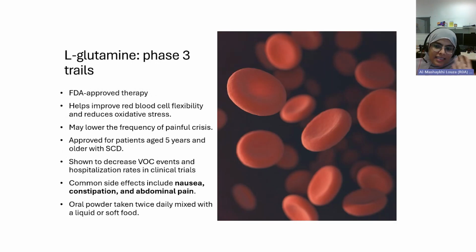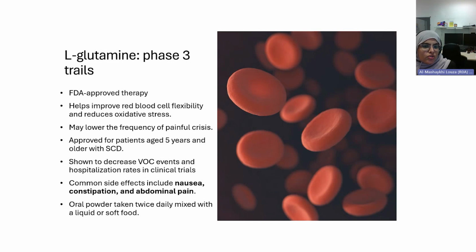The next disease-modifying agent, but still under study, under investigation, is L-glutamine. So it is FDA approved and shown to help improve red cell flexibility and reduce oxidative stress. And by that, it may lower the frequency of painful crises. So it's approved for patients aged 5 years and above with sickle cell disease.